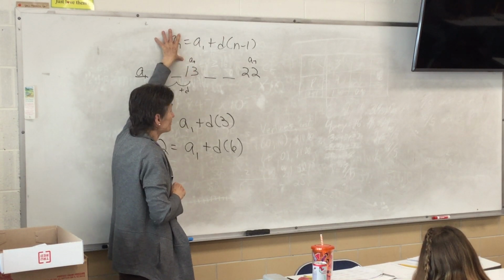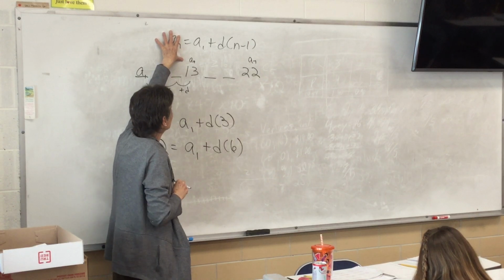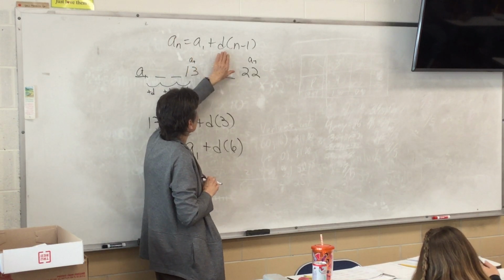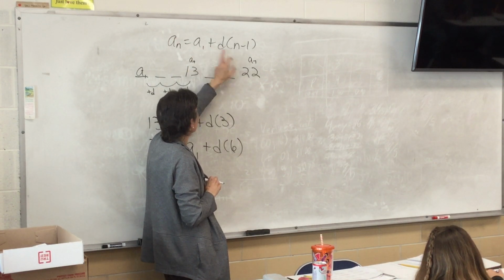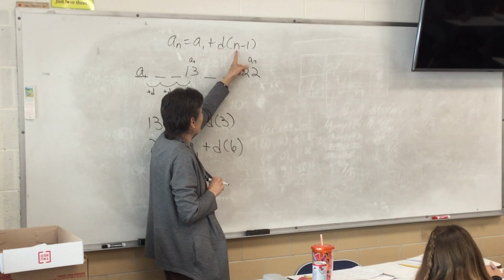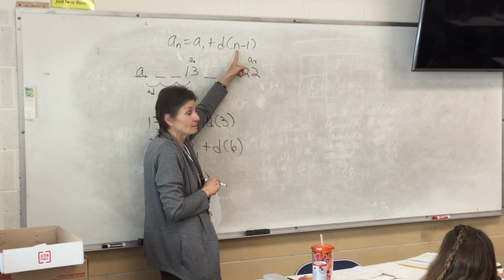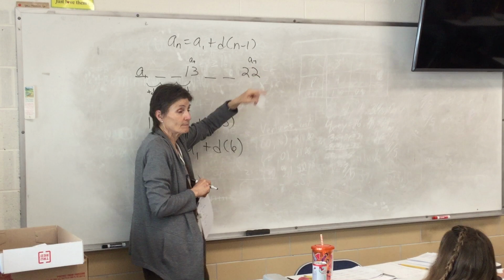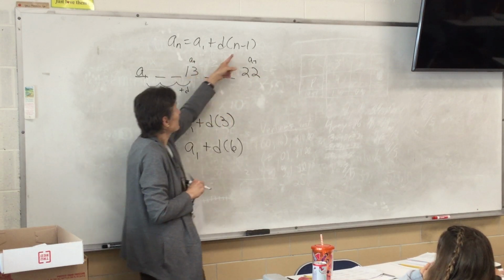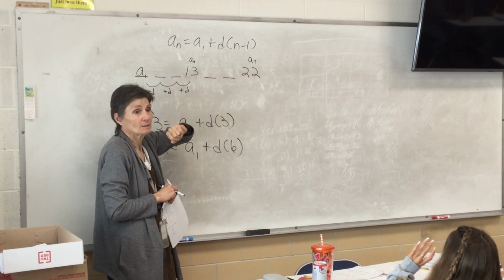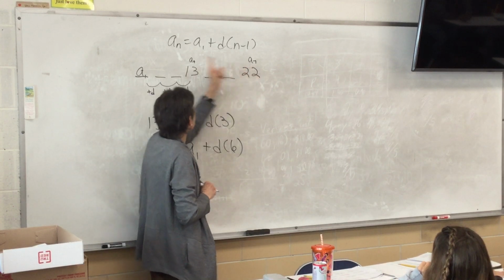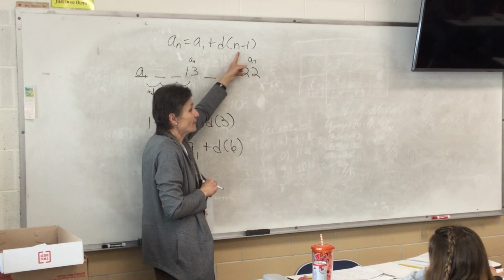So the seventh term, which is 22, equals the first term plus the common difference times 6. I do not know either one of those things, but I know n is 7 for this term. That n and that n are the same number. So if you say a sub 7, then n is 7.